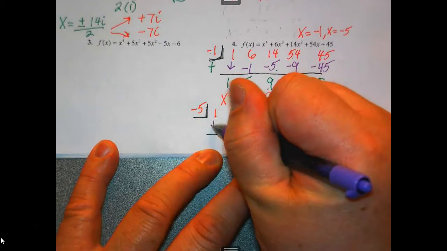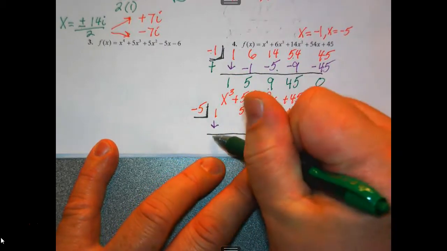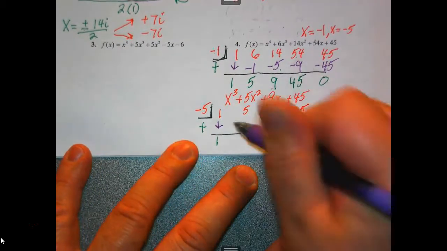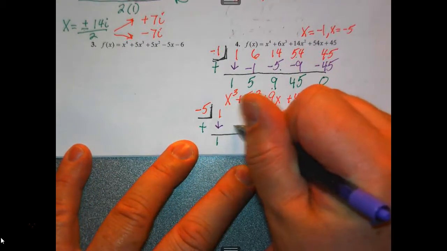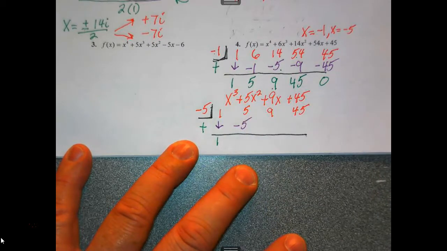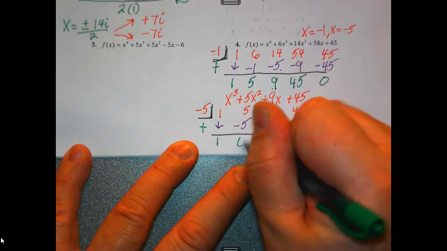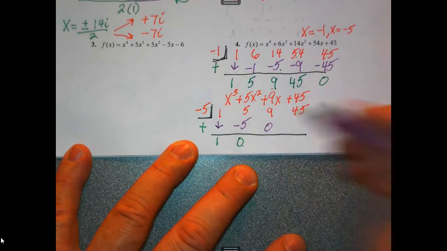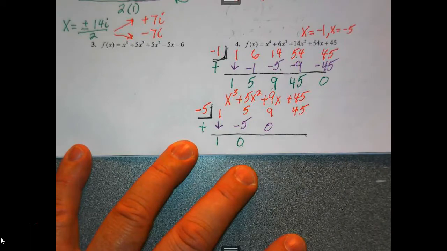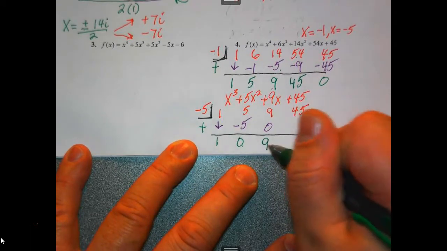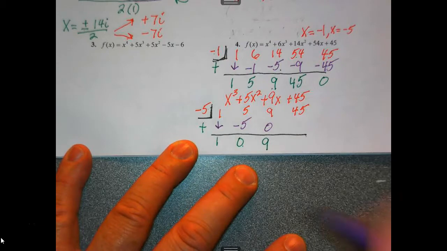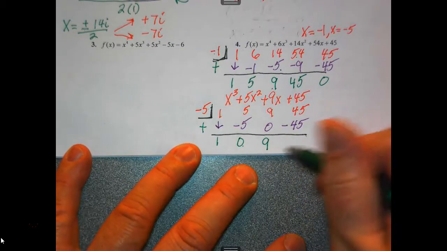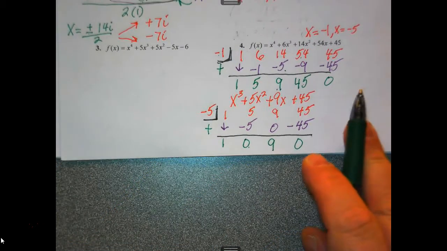Bring down the 1. 1 times -5 is -5. 5 plus -5, 0. 0 times -5, 0. 9 plus 0, 9. 9 times -5, -45. 45 plus -45, 0.